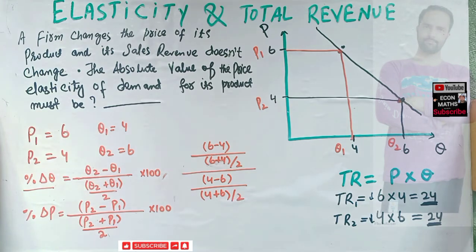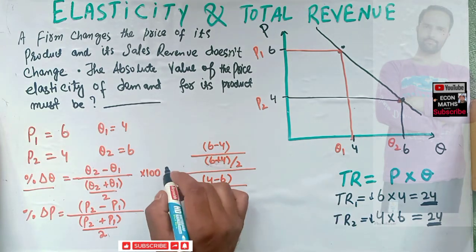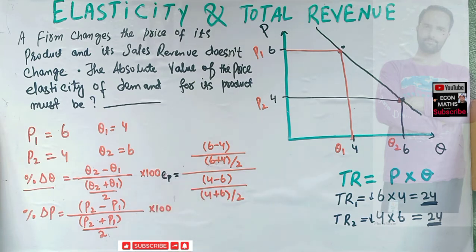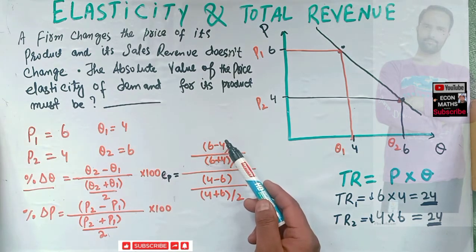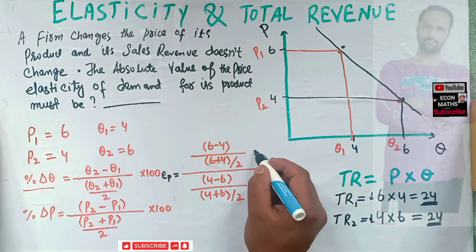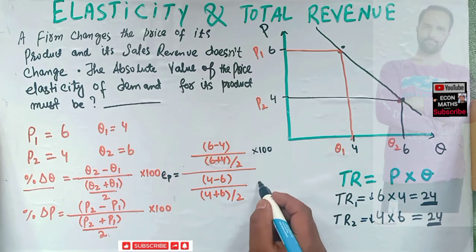This is the price elasticity of demand: change divided by average, change divided by average. So here we have 100 multiplied.